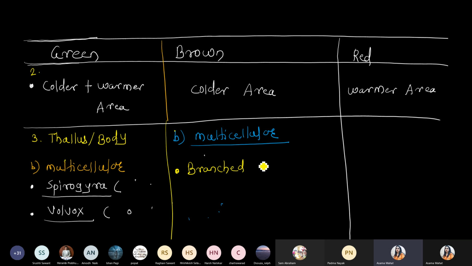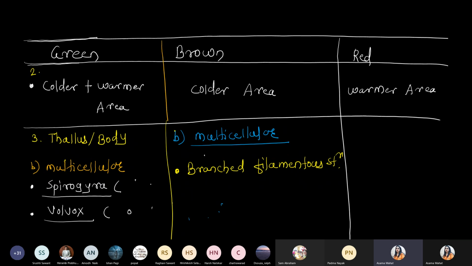It consists of a branched filamentous structure. Branched filamentous structure, right? And in this condition, you have to remember 4 examples.